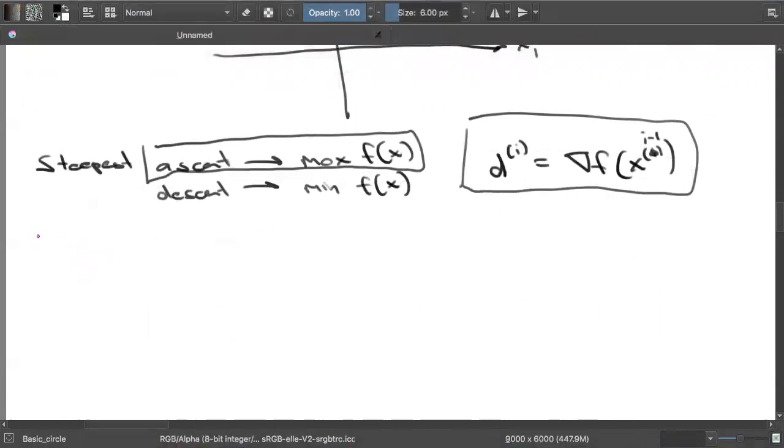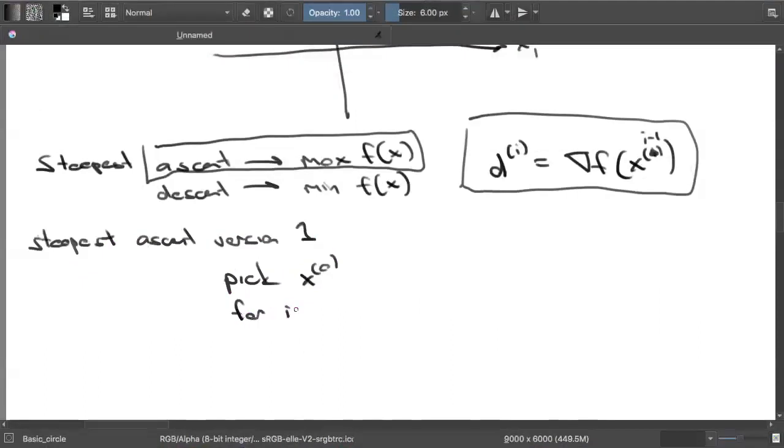So let me do steepest descent version 1. I'm going to pick some x0, in any way you want. Usually you know something about your function, so you should have some good initial guess. And then my general optimization becomes the following.